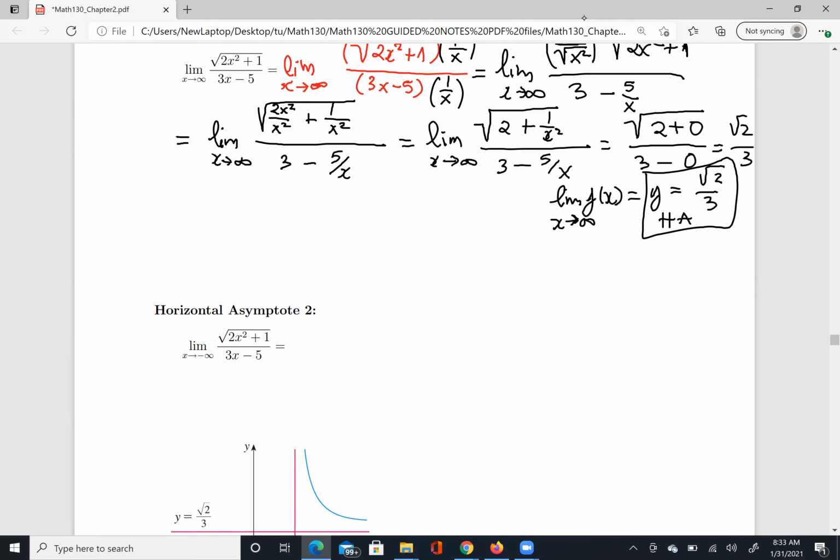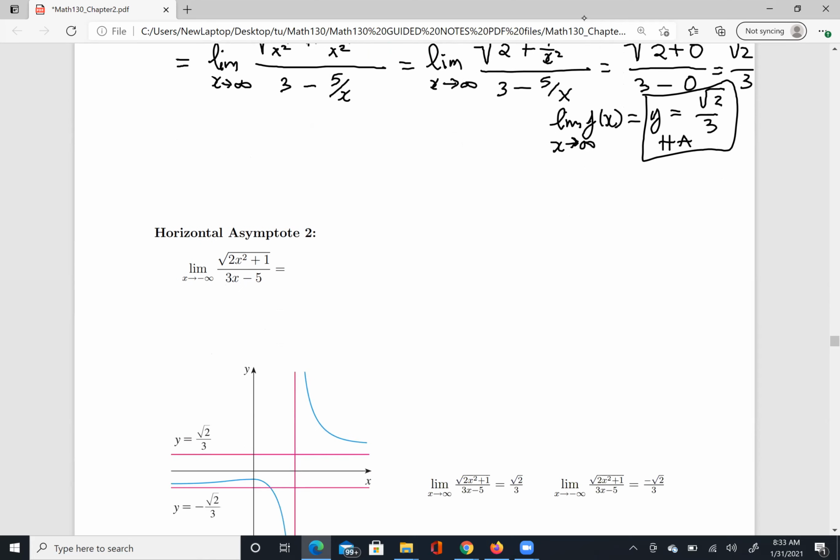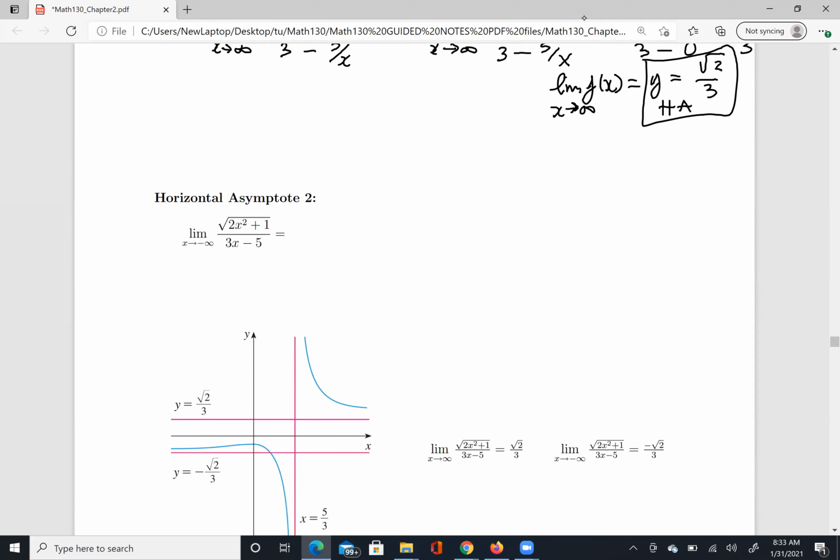What about the case when x goes to negative infinity, and see what happens? Usually for the horizontal asymptote, you have to check when x goes to positive and then when x goes to negative. If it has the same result, then it has only one horizontal asymptote. But if it has a different one, then you have a different horizontal asymptote.